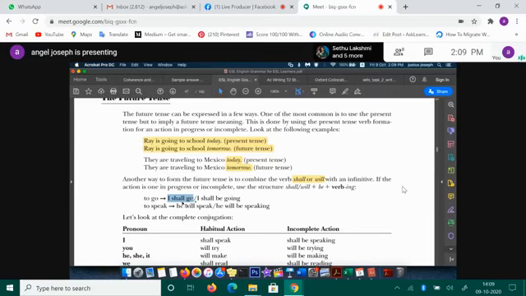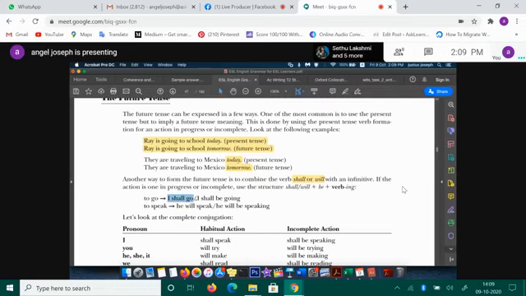Both these words, will or shall, indicate something that is going to happen in the future, and not just that, they also indicate some kind of desire. But that's not what we are talking about right now. We are talking about the usage of these words to show the future tense.